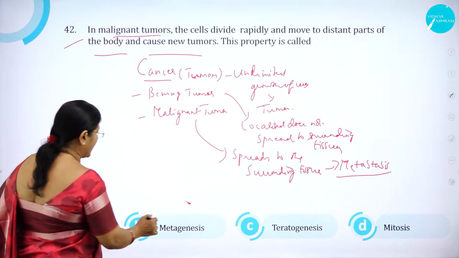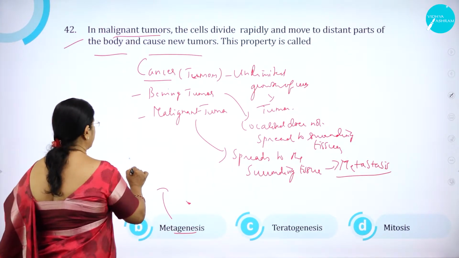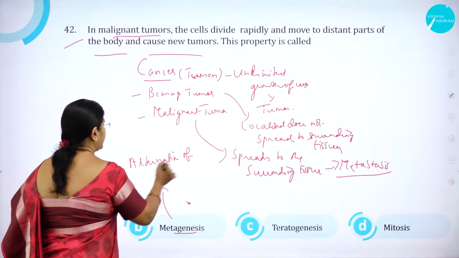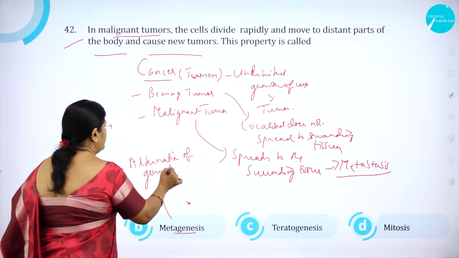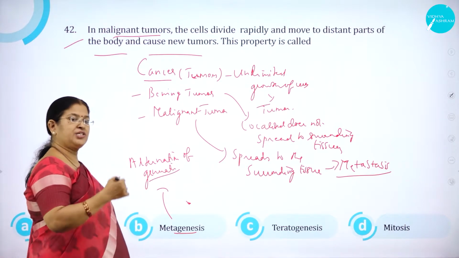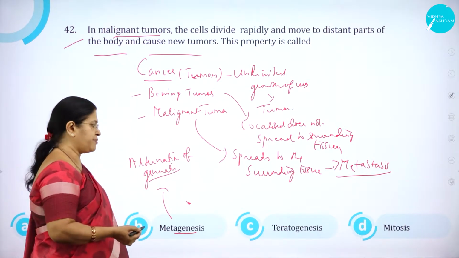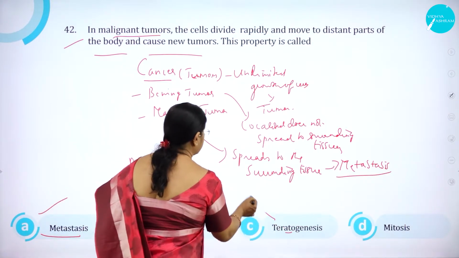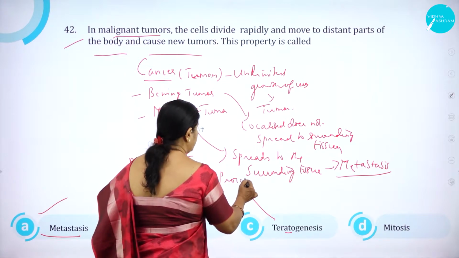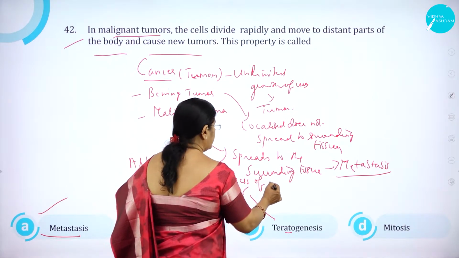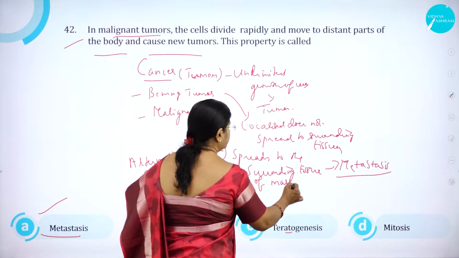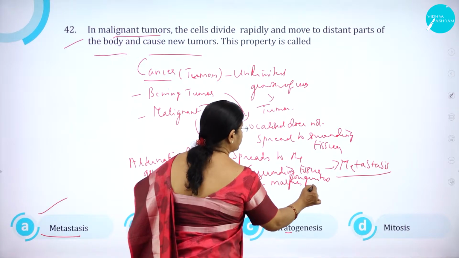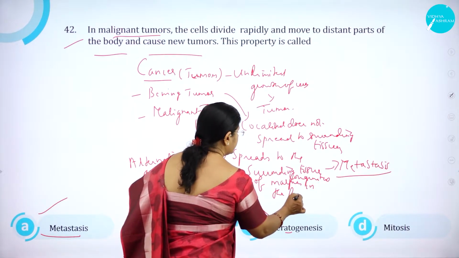Correct. Metagenesis. Hope you know what is metagenesis. Alternation of generation is called metagenesis. That is asexual reproduction followed by sexual reproduction. Teratogenesis. What is teratogenesis? It is a process of congenital malformation in the fetus.